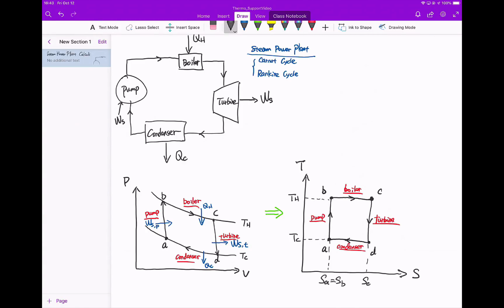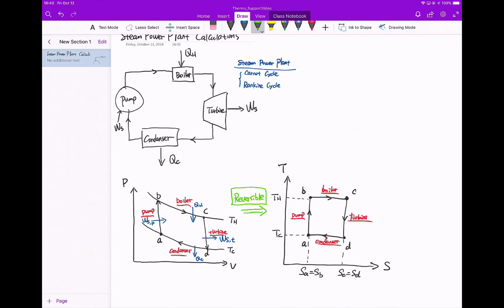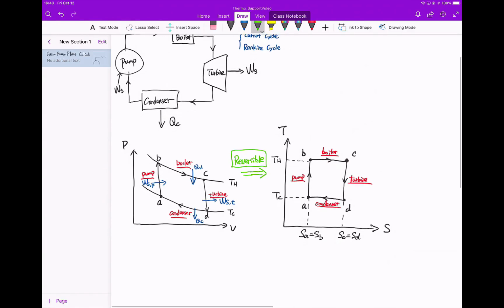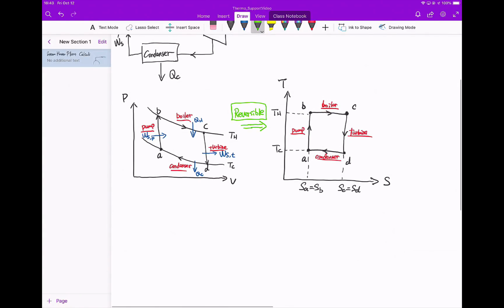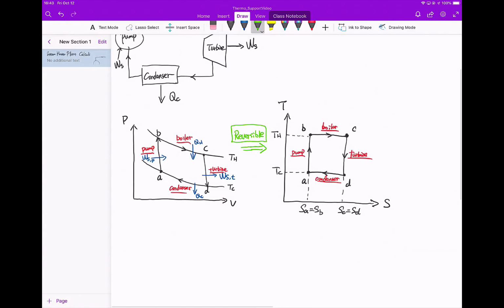I'm going to have SC equals SD. So this is the isentropic process. But of course, in order to satisfy this, I have to have this as reversible, right? And then you can see that is the typical discussion we had for this Carnot cycle.